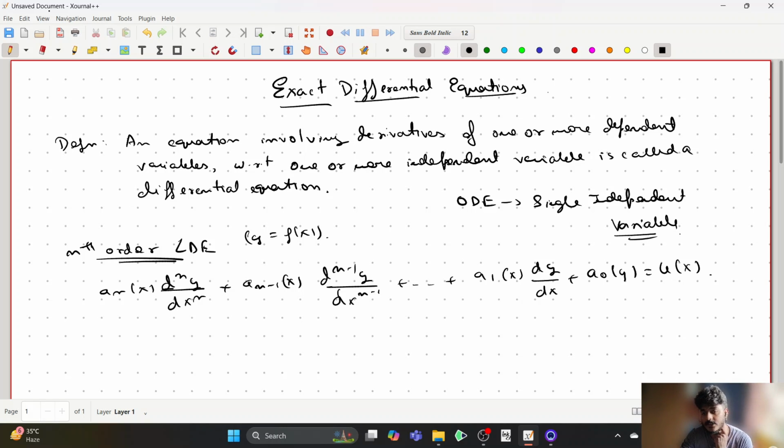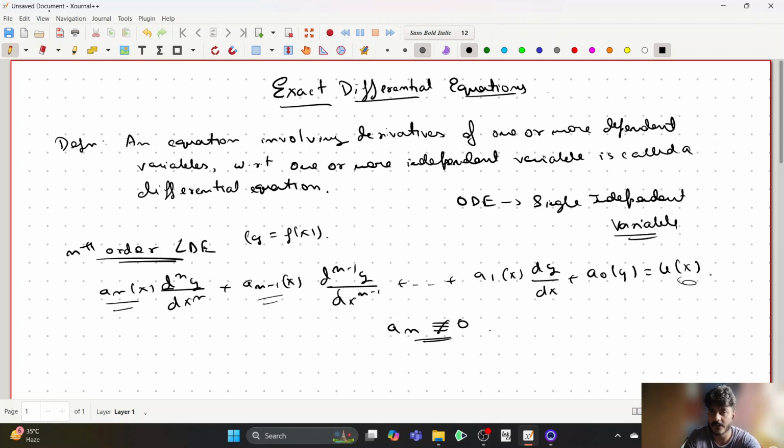Okay, so this is called a linear differential equation where each of these functions a_n through a_0 are all functions of x. The right hand side also involves a function of x, and the function a_n is not identically 0. That is, the leading coefficient of this differential equation is not identically 0. Fine. So this is called an nth order linear differential equation.